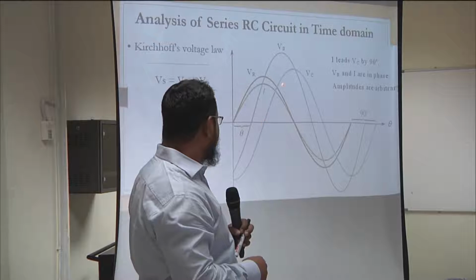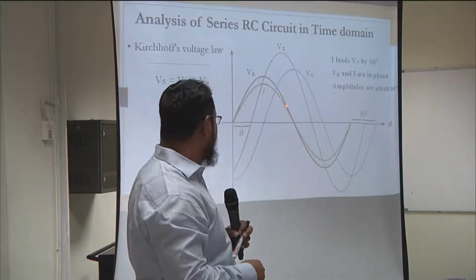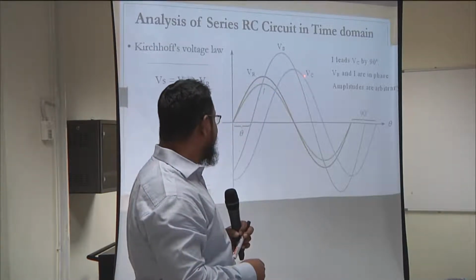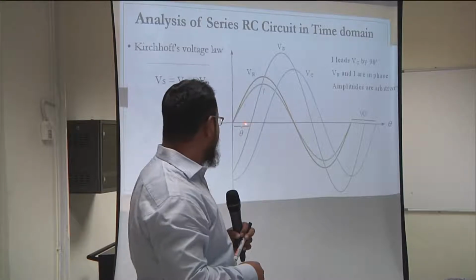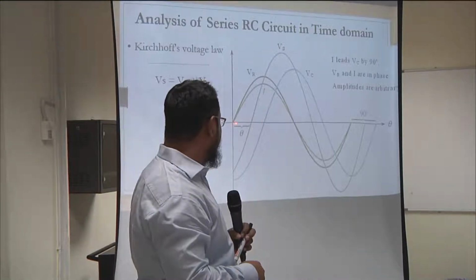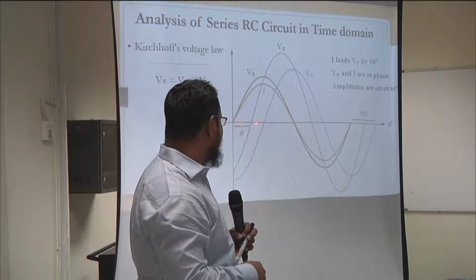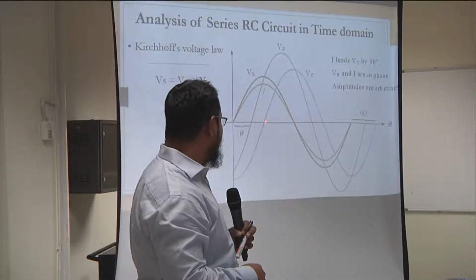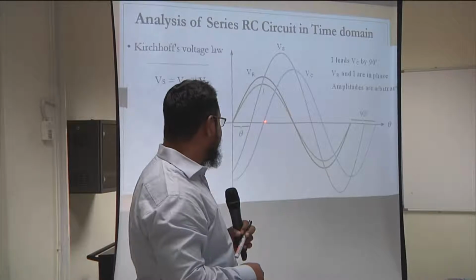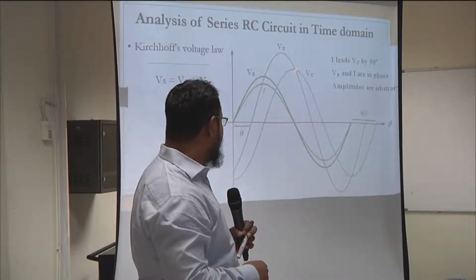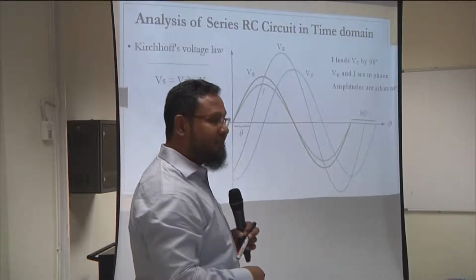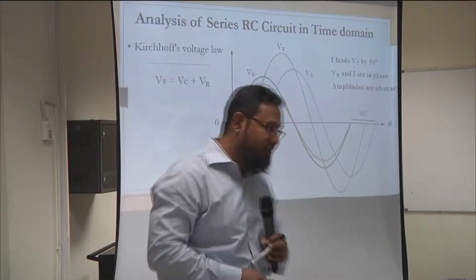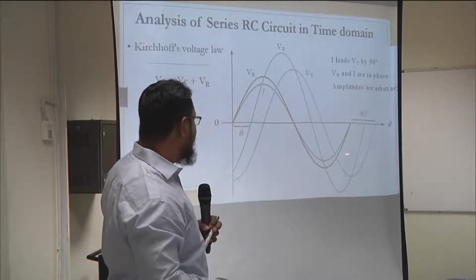So this is what you see. This is the current through the capacitor, and this Vc is the voltage across the capacitor, and this phase difference that you see here is 90 degrees. Another way to show it is, whenever the current goes to peak, the Vc is at its 0. Whenever Vc goes to peak, the current is at its 0. So which means the phase difference is 90 degrees. And you can see it here as well.